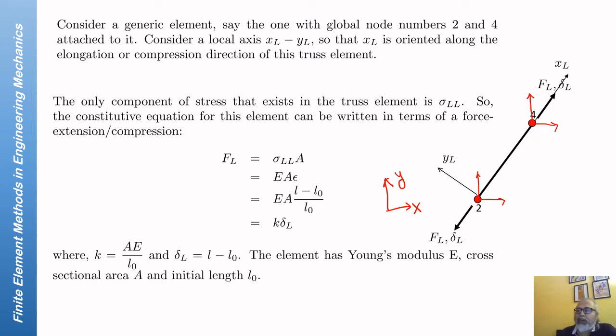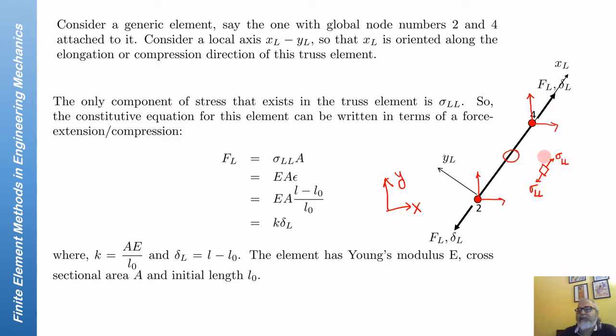And the only component of stress that appears in a truss element is sigma LL, which is the stress in this direction. So if I zoom here and take a small element of material out, the only stress that it will be subjected to is sigma LL.